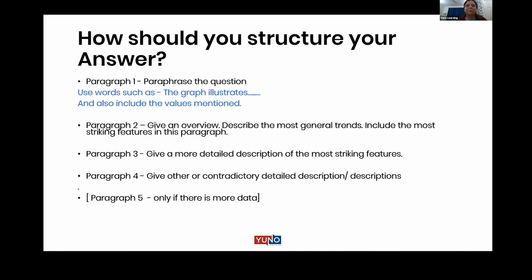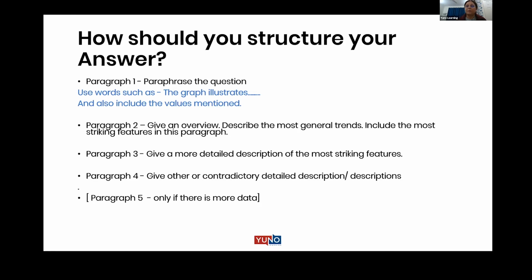So we have the major features and the minor features. In the second paragraph, you should give an overall picture of the major, most striking things that you see over there. But when you give your overview paragraph, do not include the values.